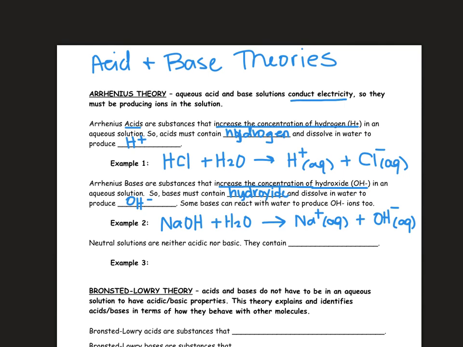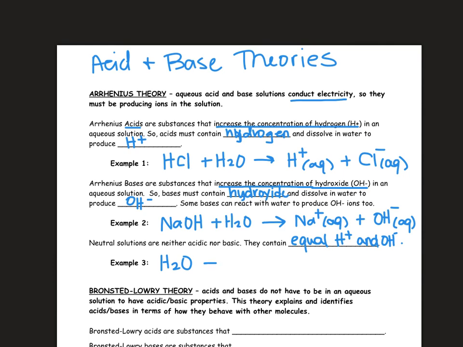Neutral solutions are going to be neither acidic nor basic. They contain equal H plus and OH minus. So they have both. That's the key there. For example, water is one of our most commonly known neutral solutions. There's this thing that happens with water where water can actually break itself apart. It doesn't happen often, but it can happen.